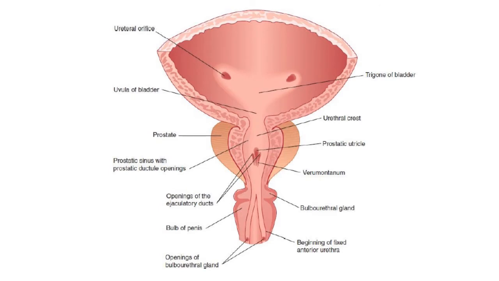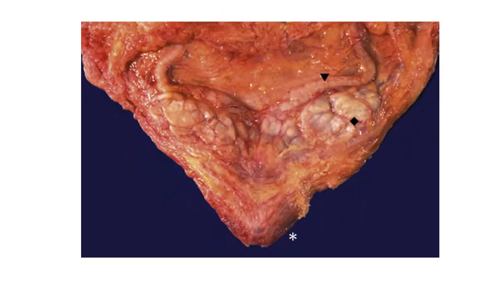This illustration is showing various important structures that are present in this neighborhood. Just memorize this picture and also note how these conduits carry the urine or semen. This is the gross picture of the normal prostate from a posterior view.